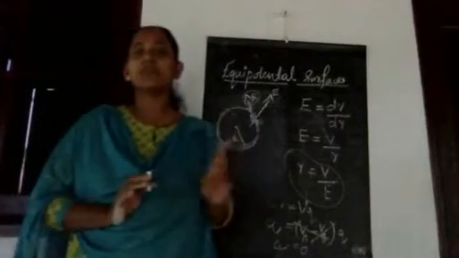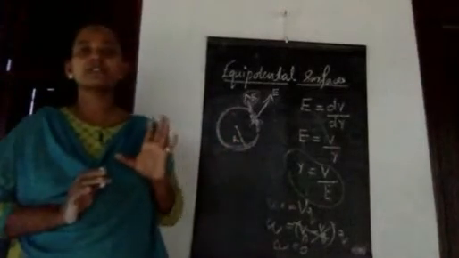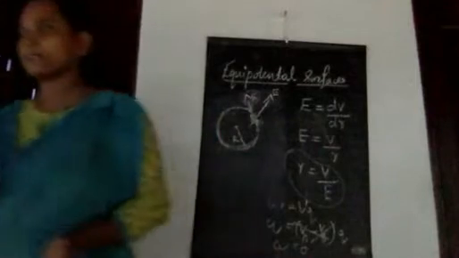Okay. And next we want to sketch the equipotential surfaces for different configurations. So how can you sketch the equipotential surface of a point charge? For a plus Q charge, we know that the electric field lines possess spherical symmetry.